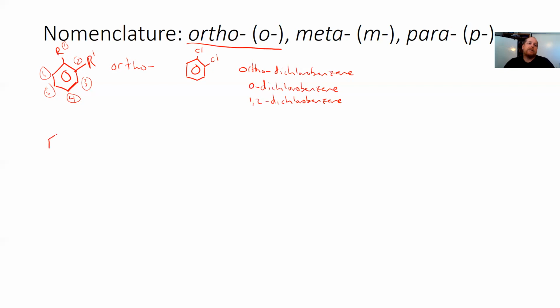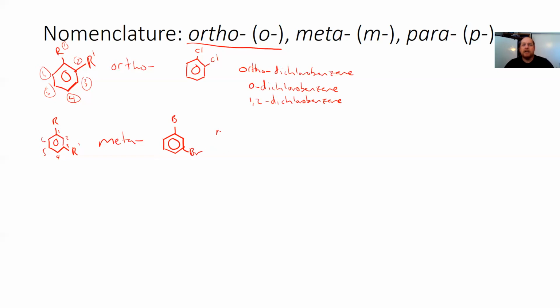So if you were to have them at the 1 and 3 positions, right? 1, 2, 3. Okay, then you would have meta as your prefix. Okay, so an example, maybe we can do something like bromine.